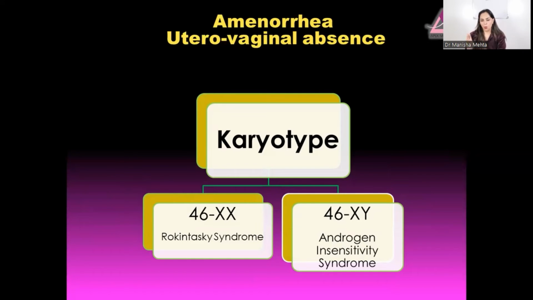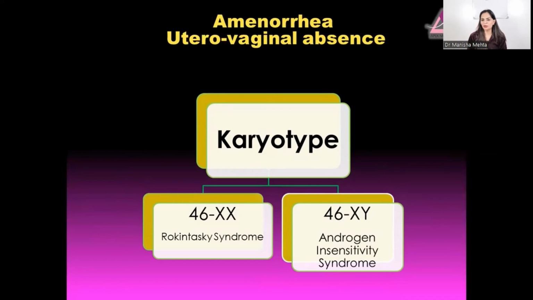So once we see that there is amenorrhea and we see a blind vagina, we can put a finger and we just feel that the vagina can go up to just this part. So we know that there is blind vagina.